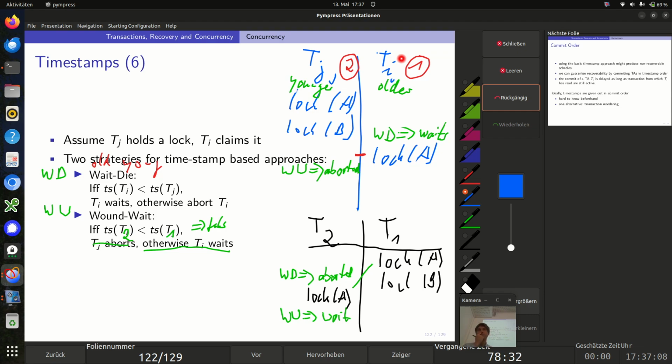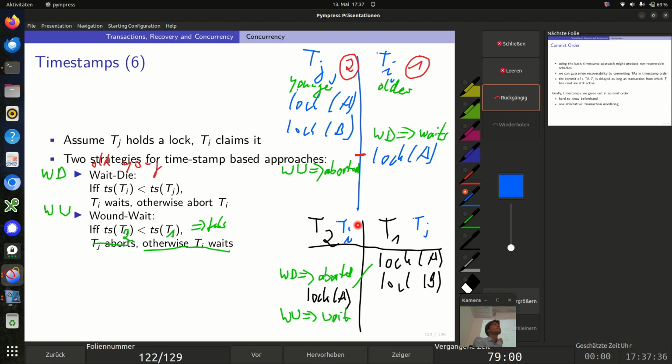We got the younger and the older one, which holds a lock and which waits for a lock.